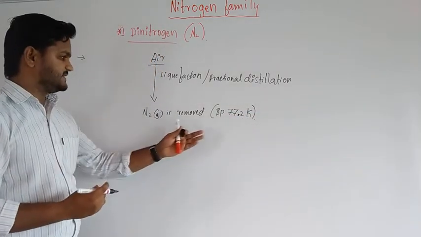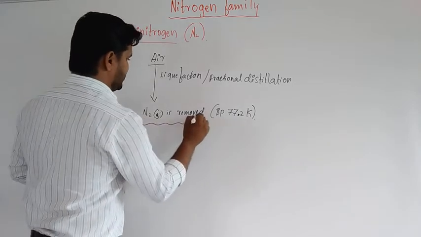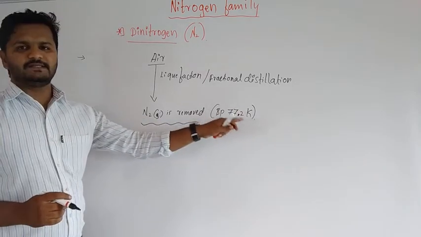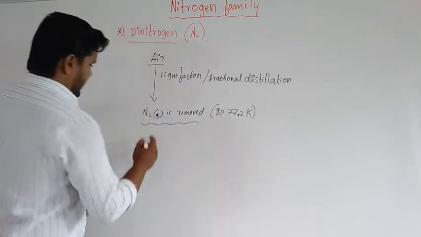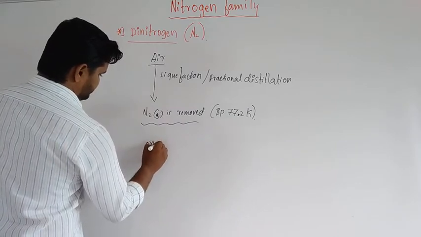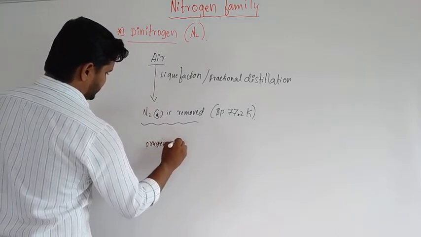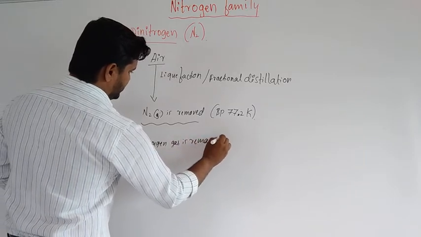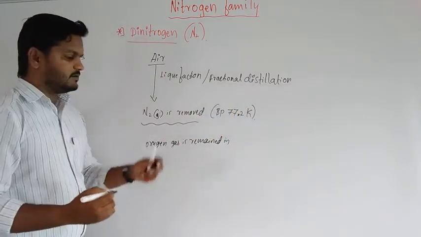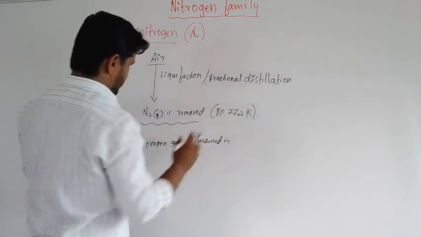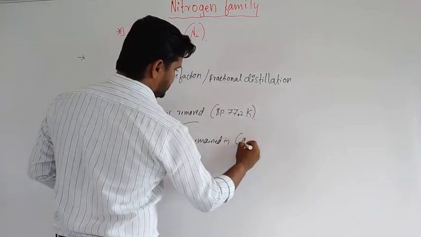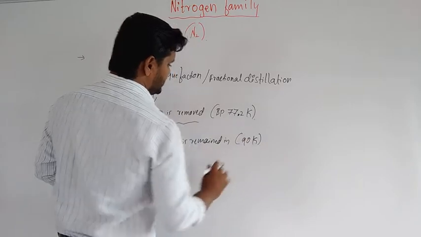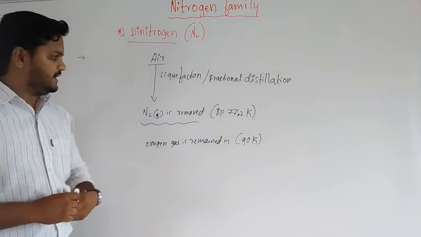Okay, nitrogen gas is easily obtained because its boiling point is 77.2 Kelvin, and oxygen gas remains in the fractional distillation column or apparatus because its boiling point is 90 Kelvin.